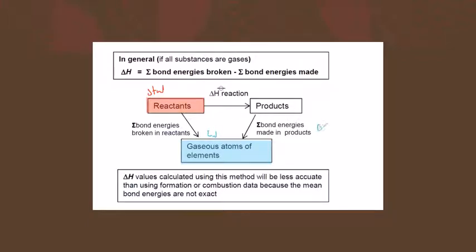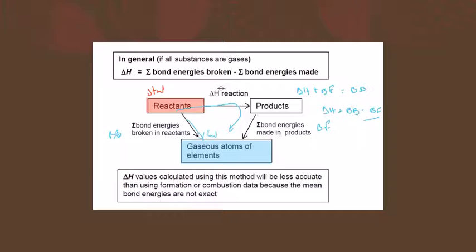So this is bond forming, and this one is bond breaking. When we work out, delta H plus bond forming is equal to bond breaking, because this is route 1 for us and this one is route 2. Or delta H is equal to bond breaking minus bond forming.